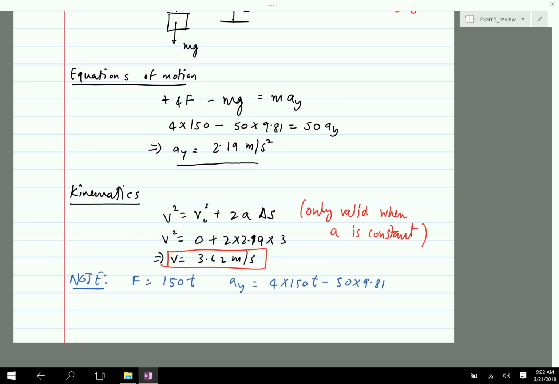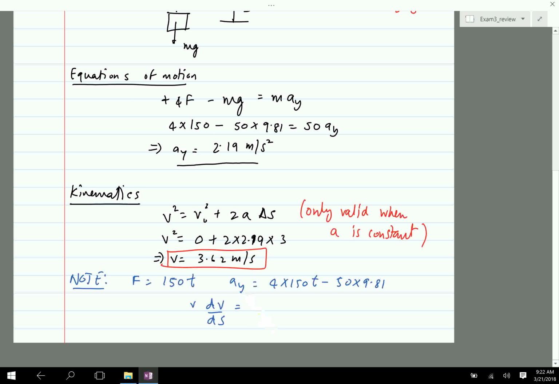Now if you want to solve for the velocity, you'll have to use this formula, v dv ds equals Ay, where Ay comes from here. Well, you can't use this, my bad.